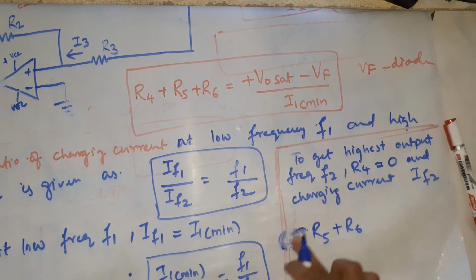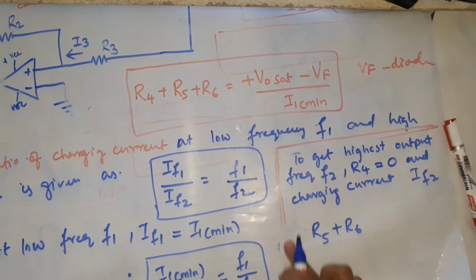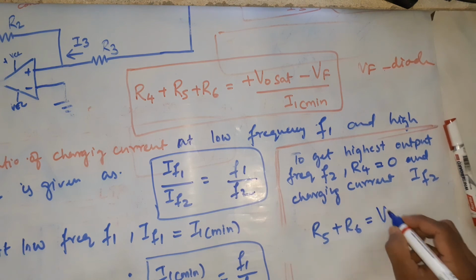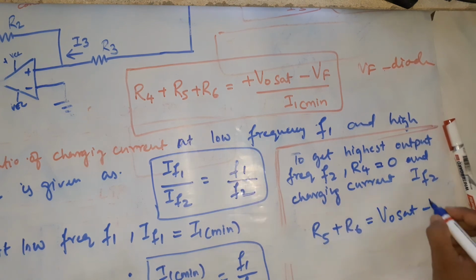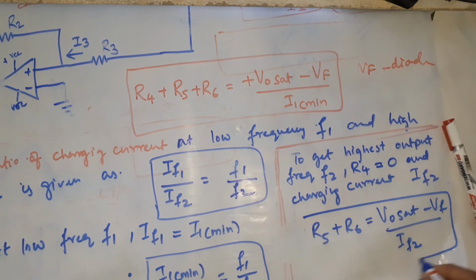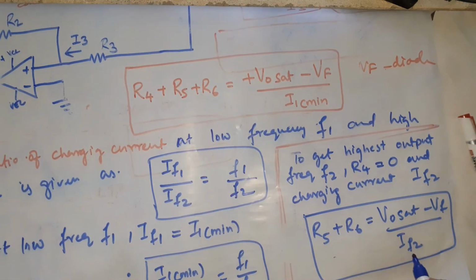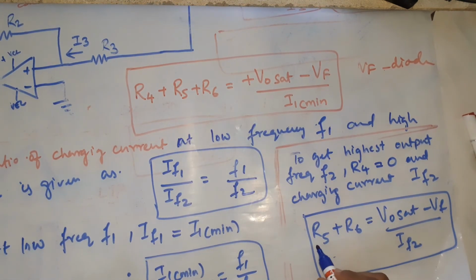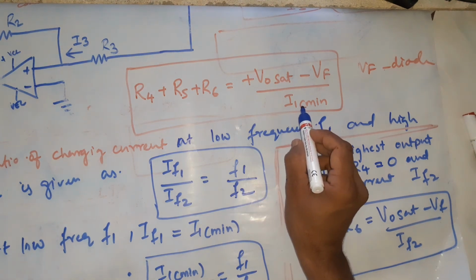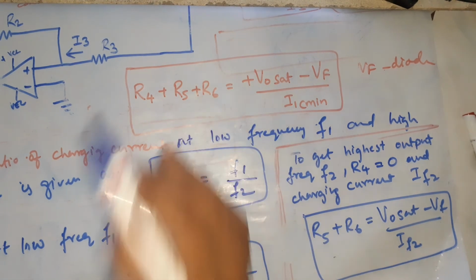Understood? To get maximum current, this is for maximum frequency. So I can write V0 sat minus Vf divided by IF2. This is important. To get IF2, R4 must be 0. And for I1 minimum, that is for minimum frequency, R4 should be present with full magnitude.